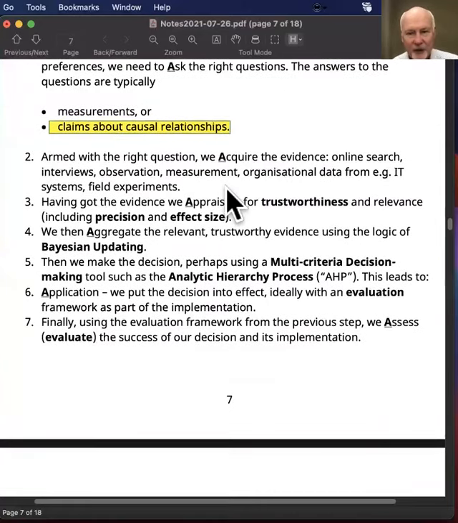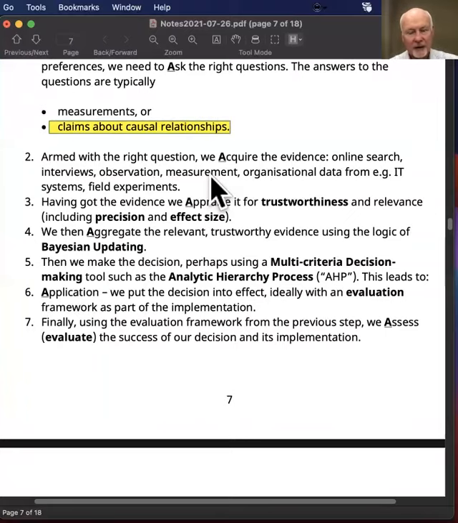So once we've got the question, then we have to get the evidence. And there are lots of different ways you can do that, and we'll be looking at some of them. We will, as I think you know by now, be spending some time, pretty much every tutorial, looking at how you acquire scientific evidence, mainly in the form of published academic journal articles. But we will also touch on how you can collect your own data and do some simple but useful analyses of it.